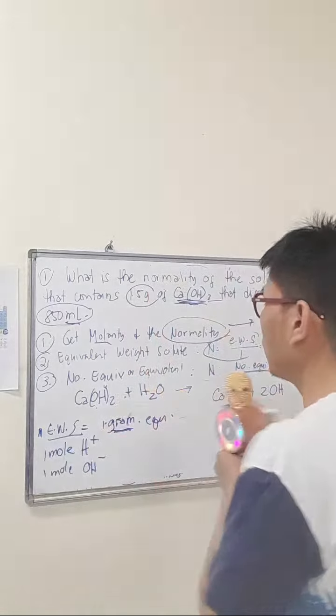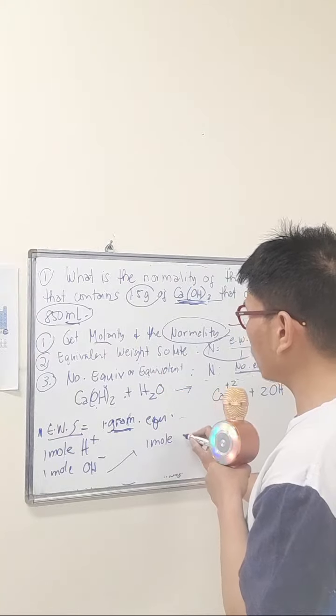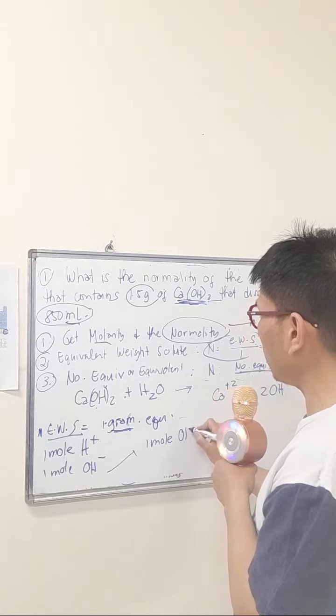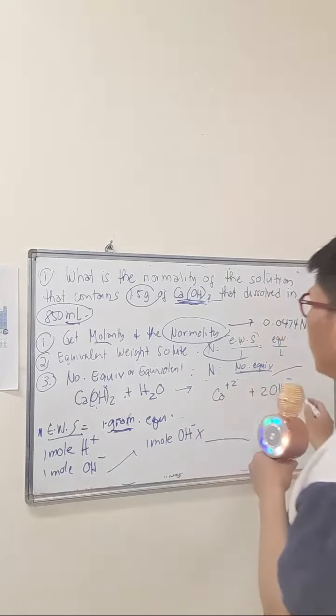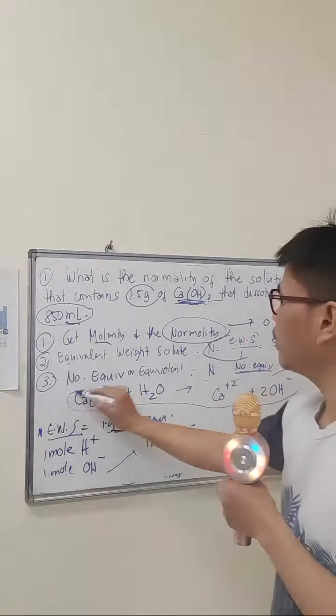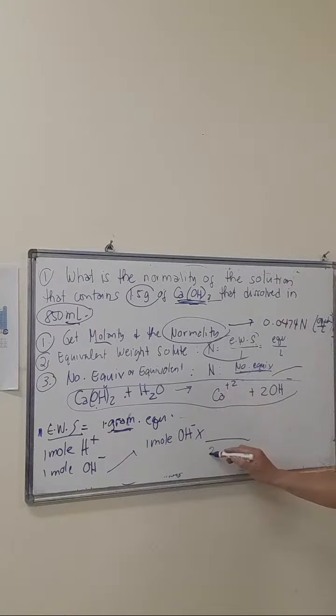So, 1 mole, this is only a conversion. 1 mole of OH negative, times, look at your reaction. How many moles of OH are in the reaction? It's obviously 2 moles of OH negative.